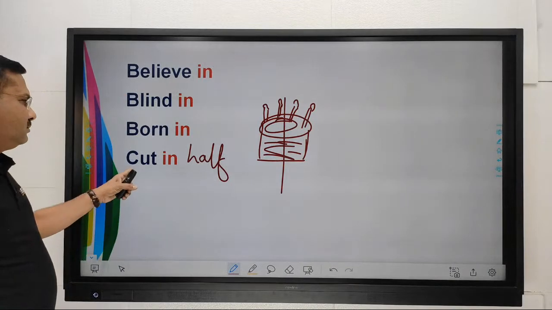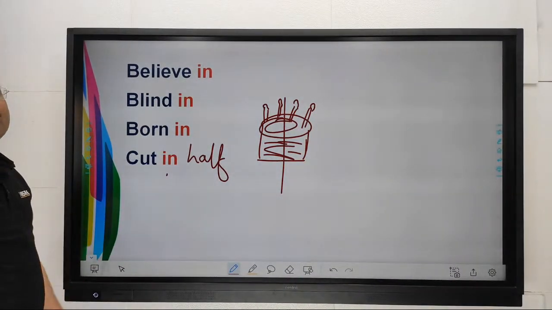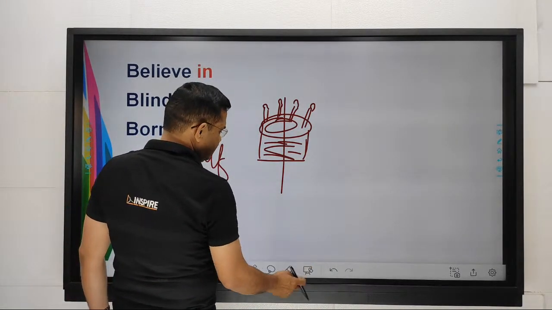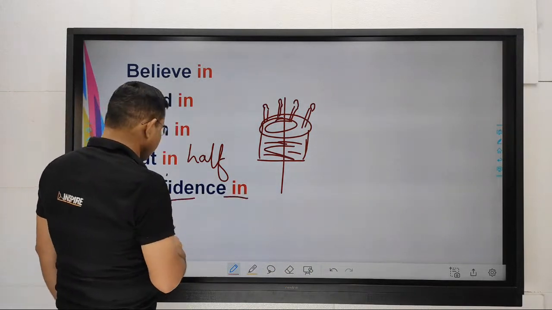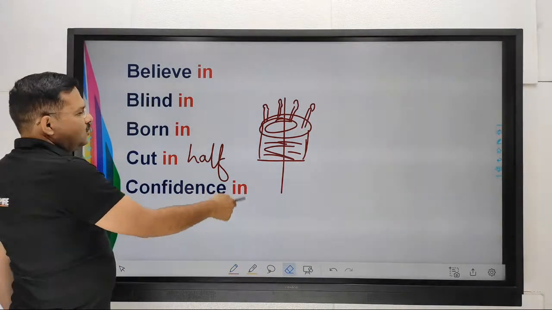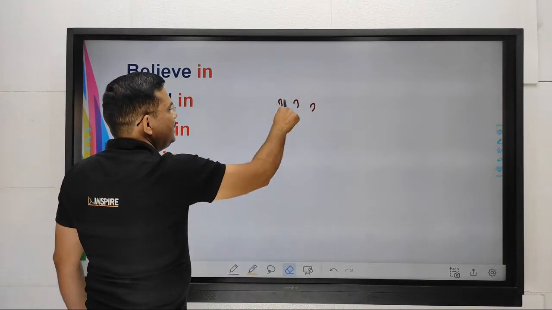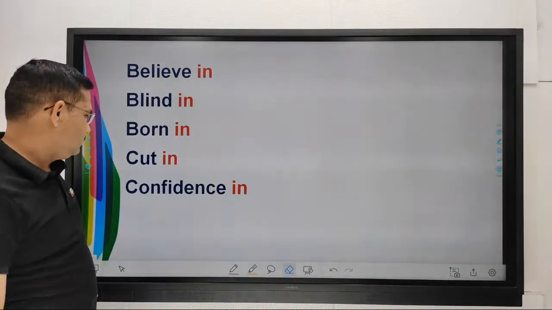Cut in half means divide into two pieces. So, cut in half. Are you understanding or not? Confidence in. He has no confidence in himself.